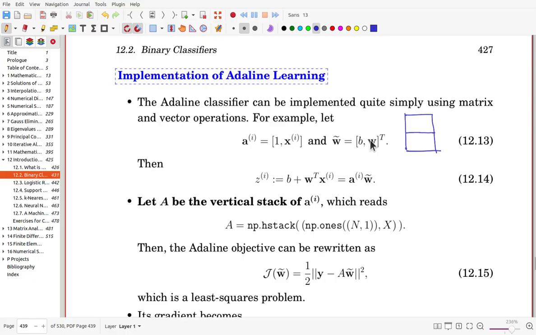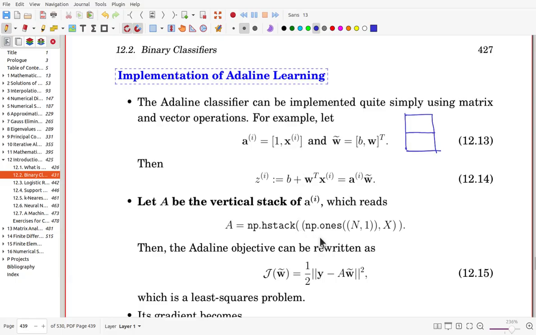Quite easily you can see that. Now here, if you consider this dot product, this is considered as a row vector and that is considered as a column vector, so you can easily see that this dot product is the same as this one. Now A, once we define A, is the vertical stack of those row vectors.